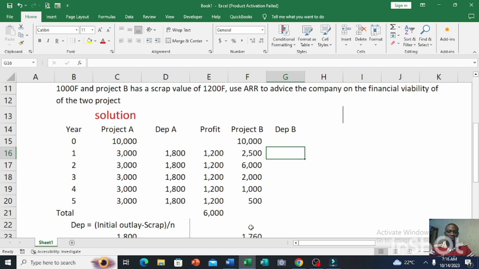The amount is 1,760. So it applies to all the years because we are using the straight line method.